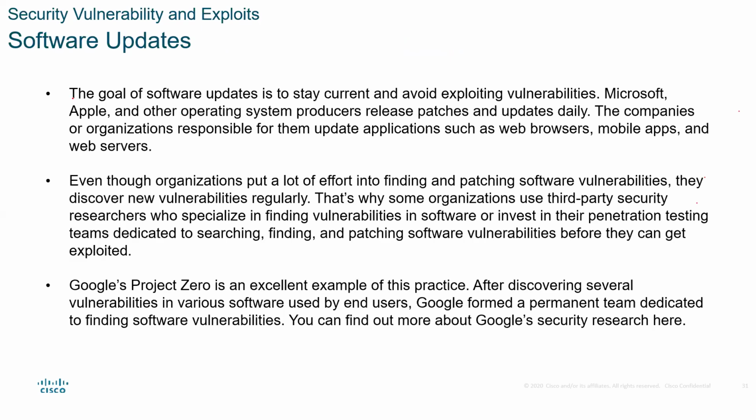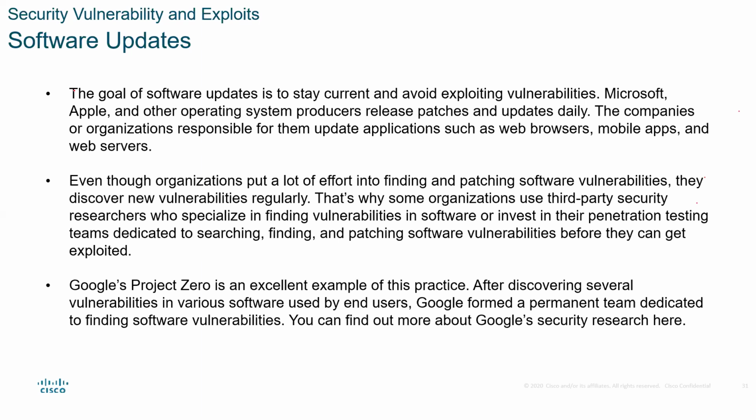Software updates. The goal of software updates is to stay current and avoid exploited vulnerabilities. Microsoft, Apple, and other operating system producers release patches and updates daily. These companies or organizations responsible for them update applications such as browsers, mobile apps, and web servers.